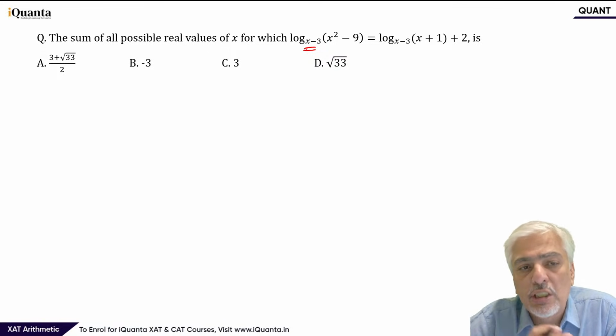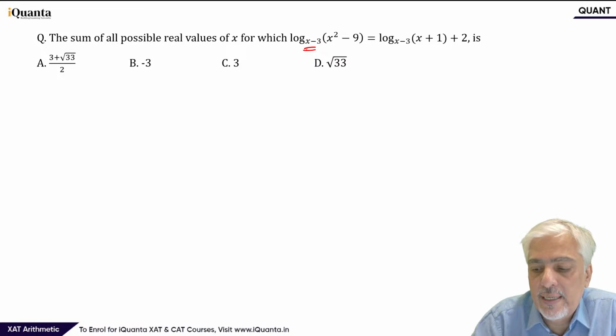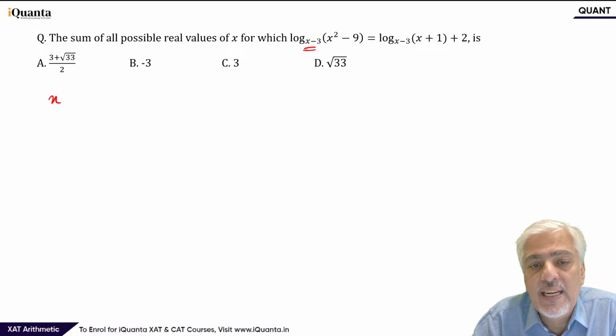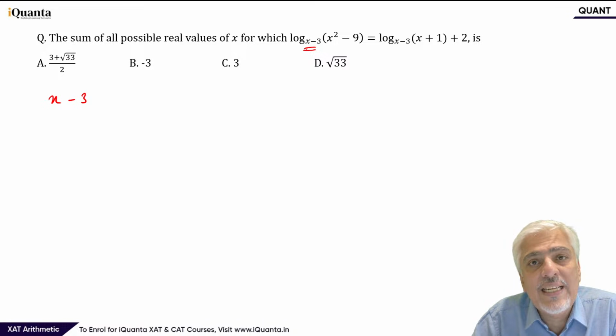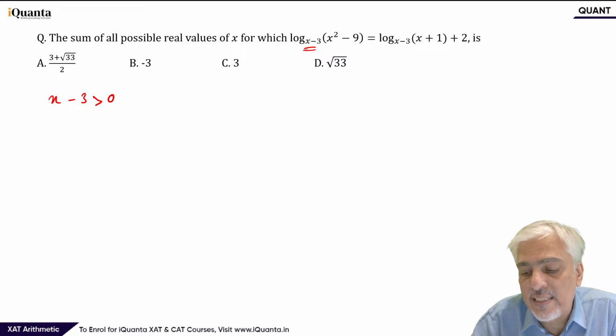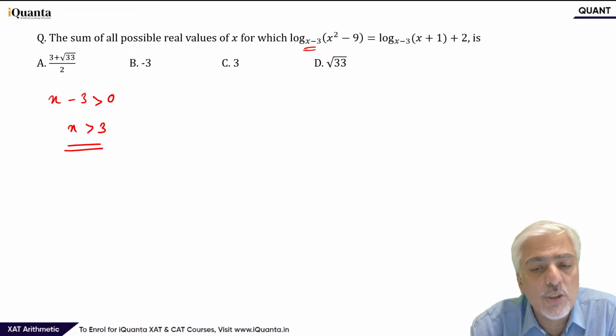Yeah, I know most of the people remember the answer, but just pay attention to the logic. So x minus 3 has to be greater than 0. x minus 3 has to be greater than 0, right? Once I know x minus 3 is greater than 0, which means x is greater than 3, sorry. Okay. Now, that is the main important part you have to be careful about.